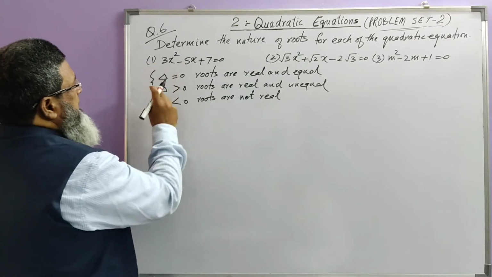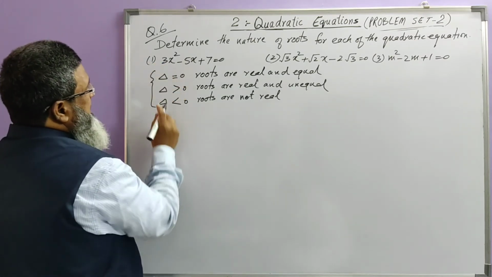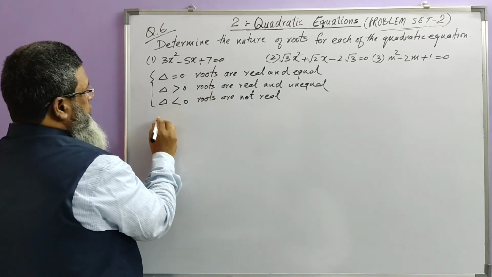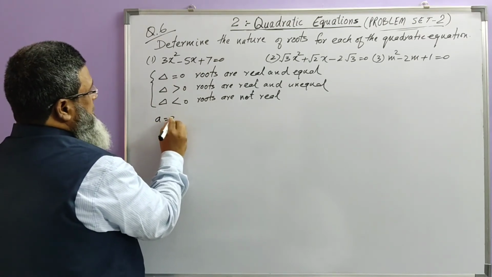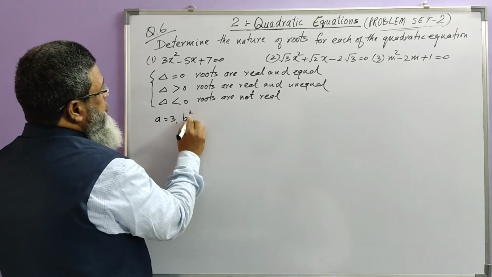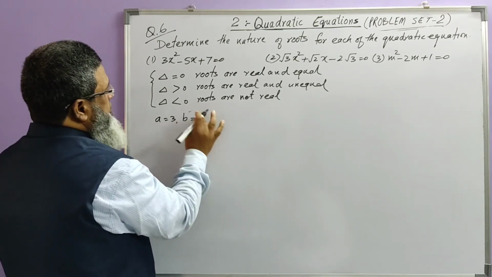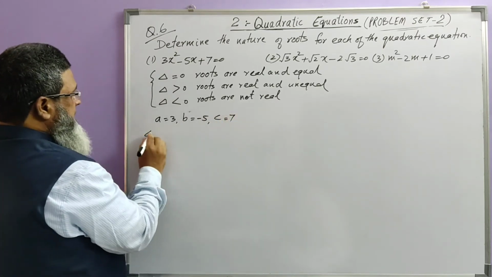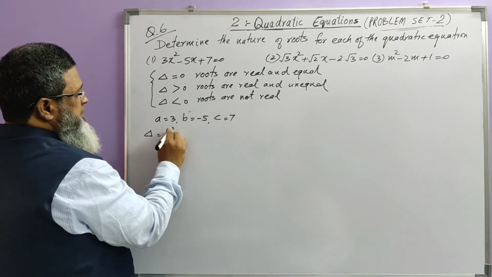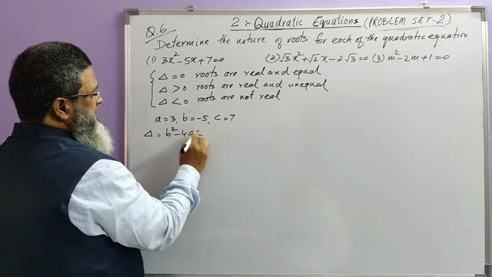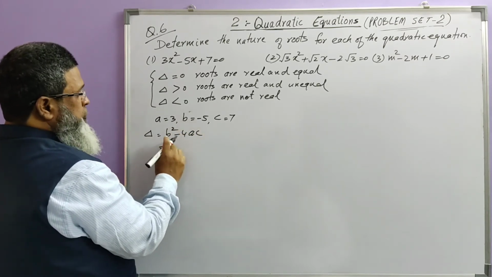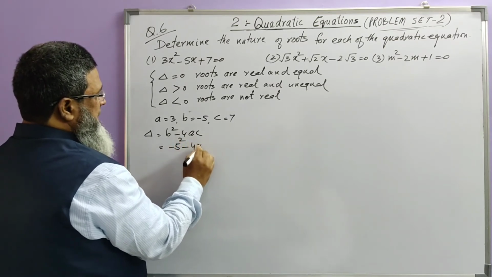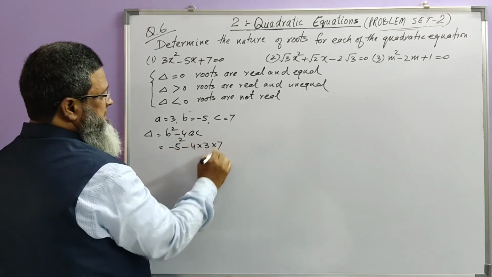So let's say in question number 1, 3x square minus 5x plus 7 is equal to 0. So a is equal to 3, b is equal to minus 5 and c is equal to 7. Find the delta. Delta means b square minus 4ac. What is b square minus 4ac? Minus 5 square minus 4 into a, which is 3, into c, which is 7.